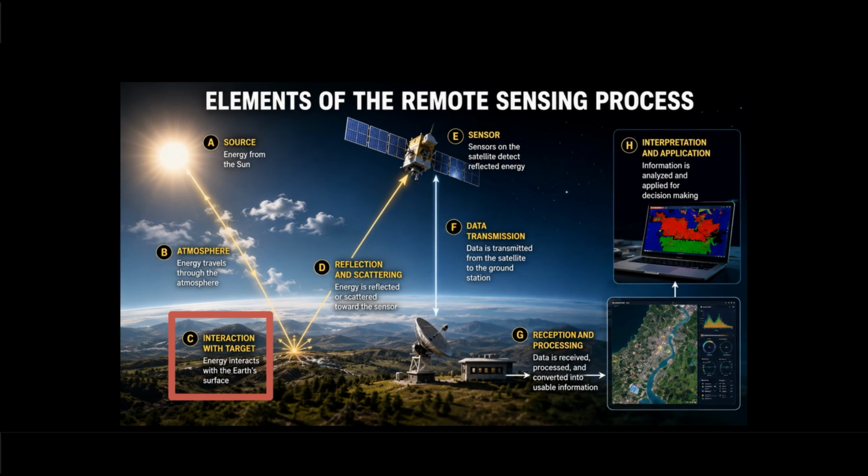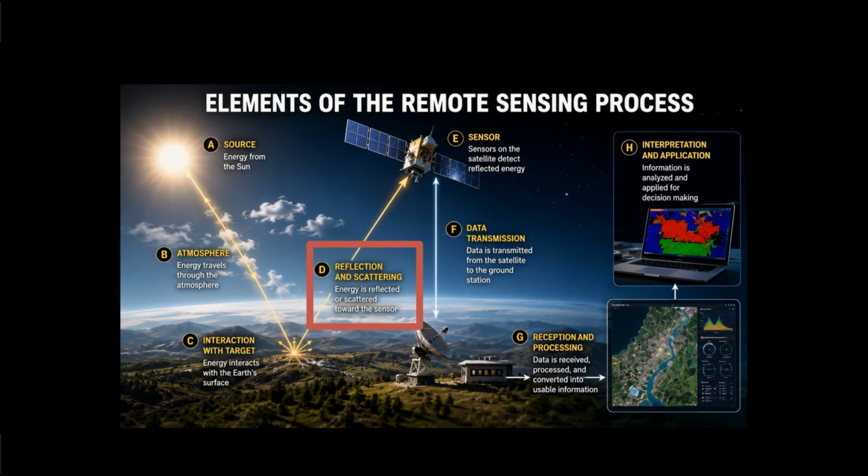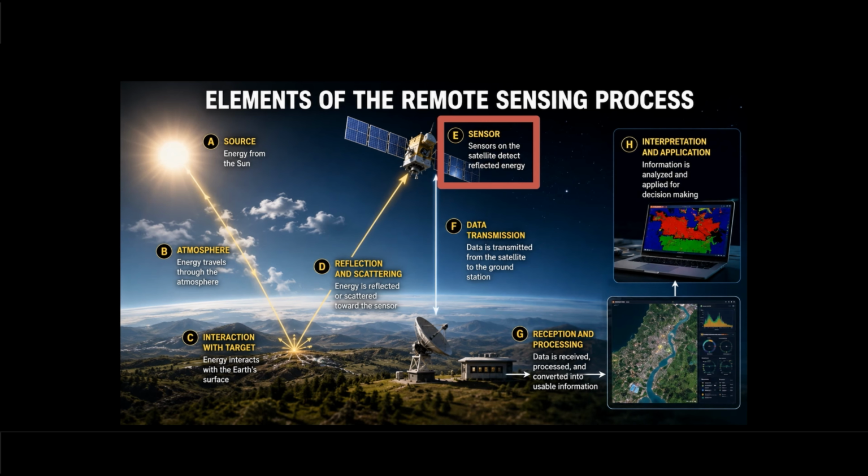The next step is reflection and scattering. This energy is reflected or scattered in various directions and moves towards the sensor, which is the next step. The sensor detects the reflected energy.